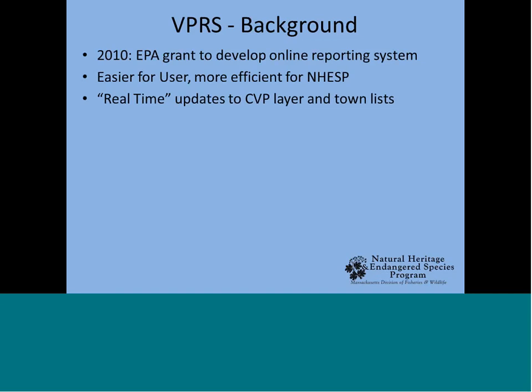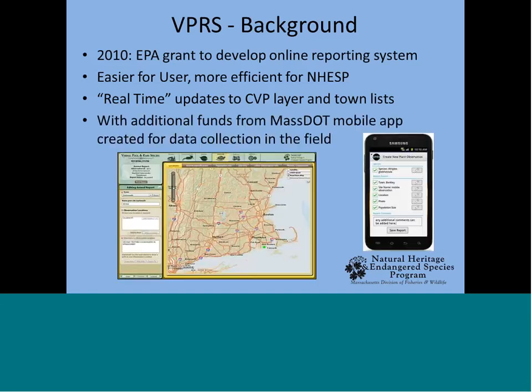We also maintain lists of state-listed species at the town level that, once again, prior to this system, we updated on a yearly basis. And these are tools that a lot of conservation groups and regulators use in their conservation efforts. So we wanted to be able to update that in real time instead of annually.